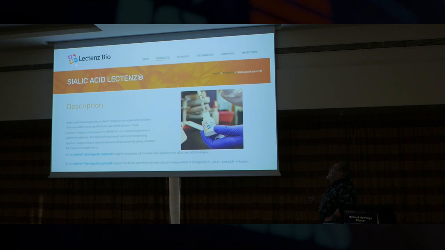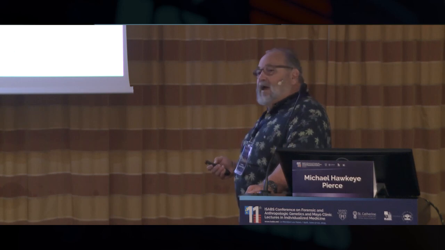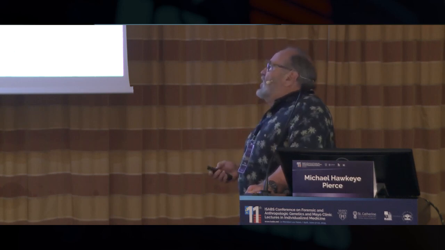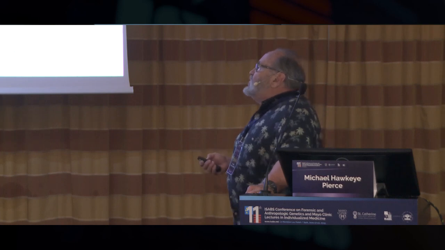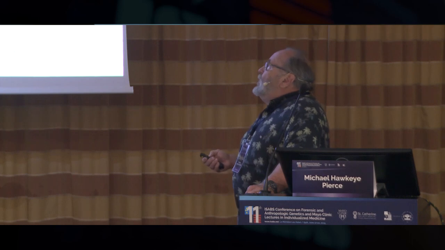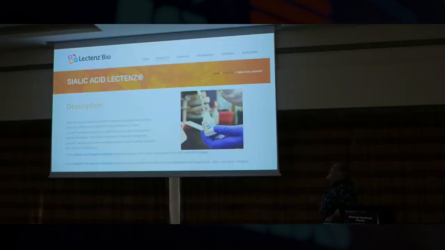made by a small biotech company founded by Rob Woods at the CCRC called Lectins Bio. And the idea is to take enzymes that recognize specific glycans and modify by mutation those enzymes so that they bind and they don't cleave. So it's basically a lectin from an enzyme, because obviously the enzyme has to bind with high affinity before it cleaves, but in this case it doesn't cleave.